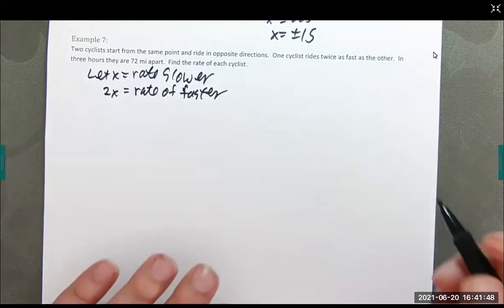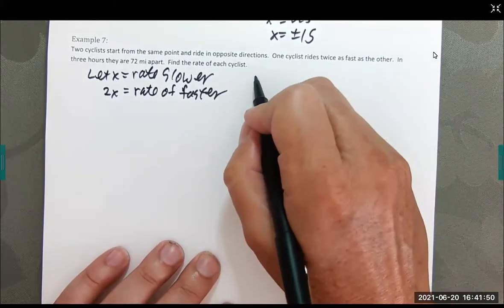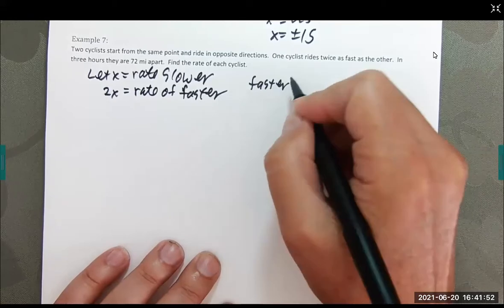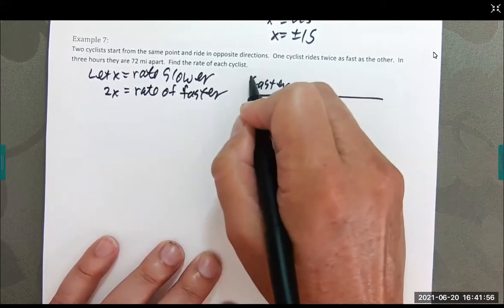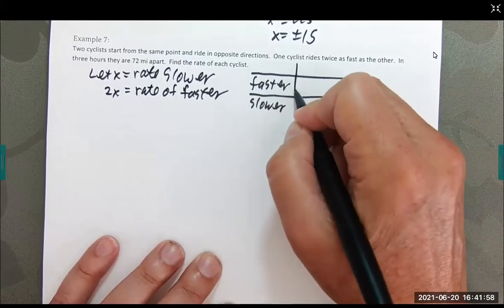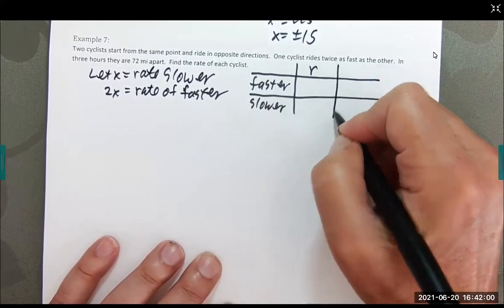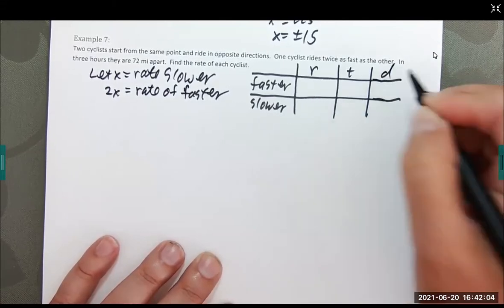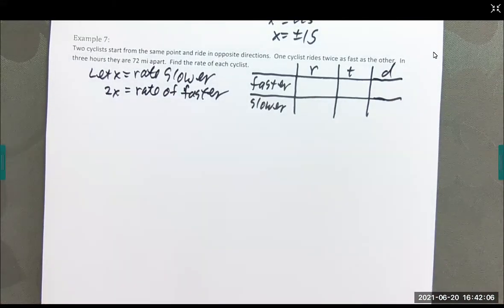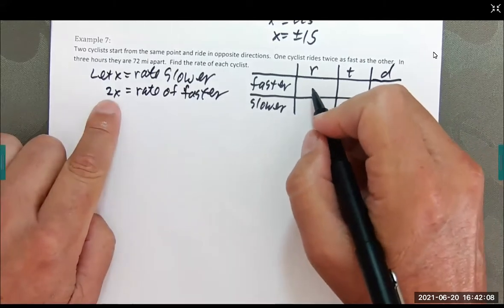All right, so let's set up our table. Faster, slower, distance. All right, their rates: faster is 2x.